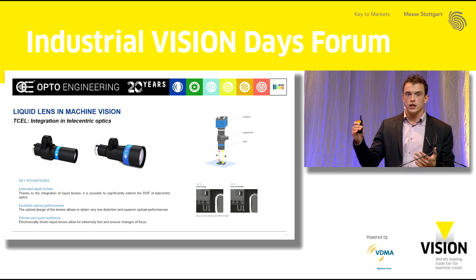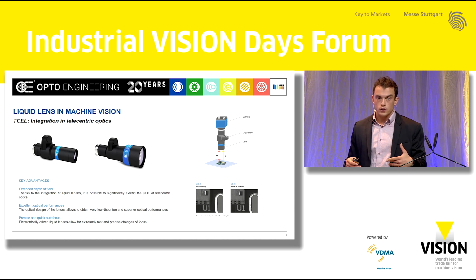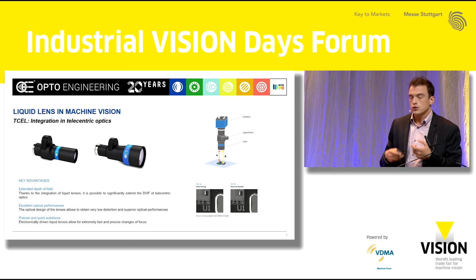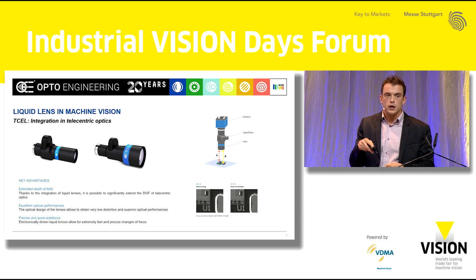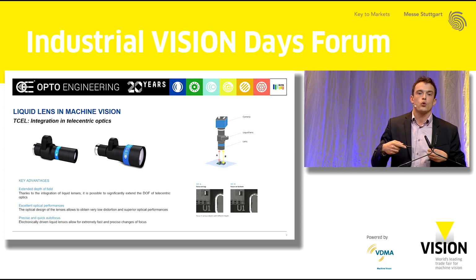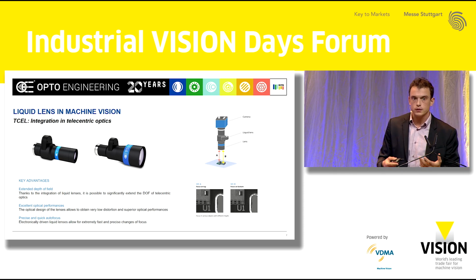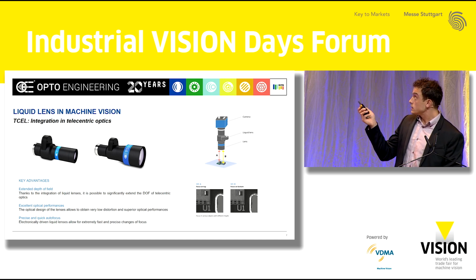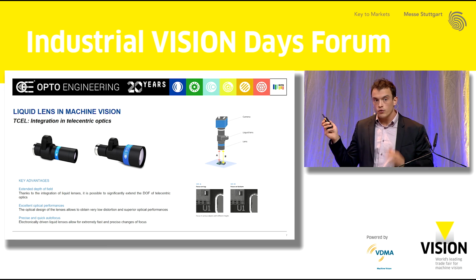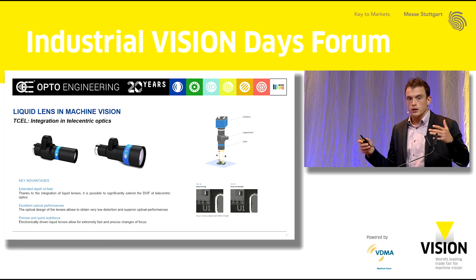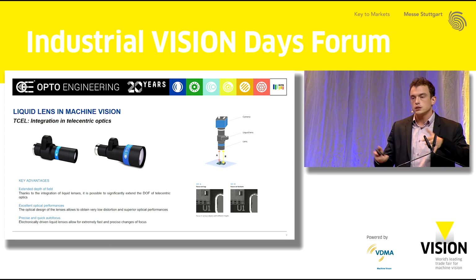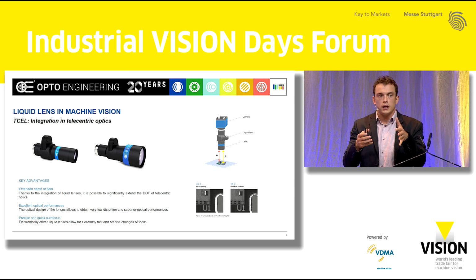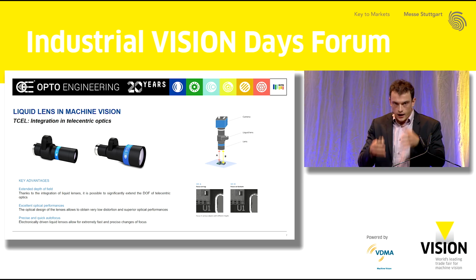So the higher the magnification, the lower the depth of field, and it goes with the square, so with the second power. So basically, the magnification has a great effect on the depth of field. Thanks to liquid lenses, you can overcome this limitation, and you can use high magnification lenses with a very high depth of field.